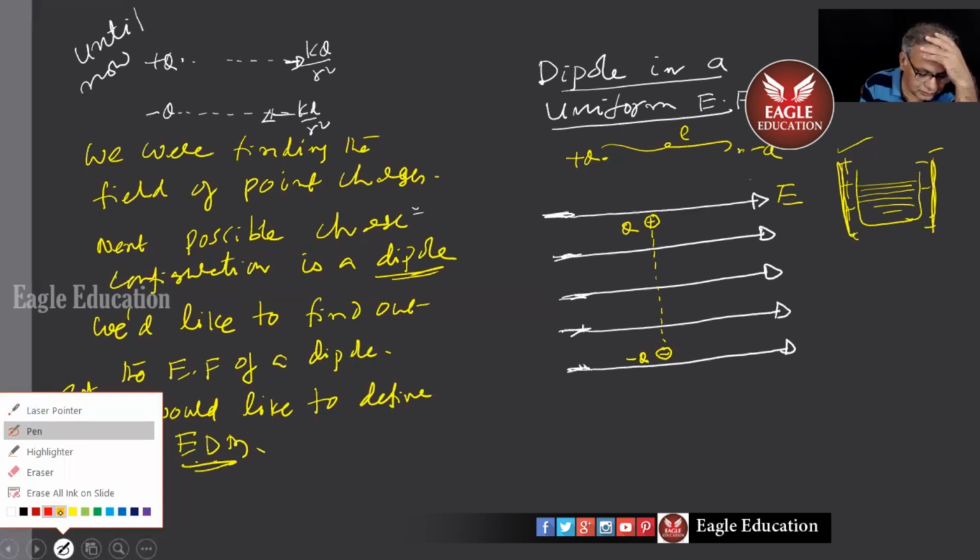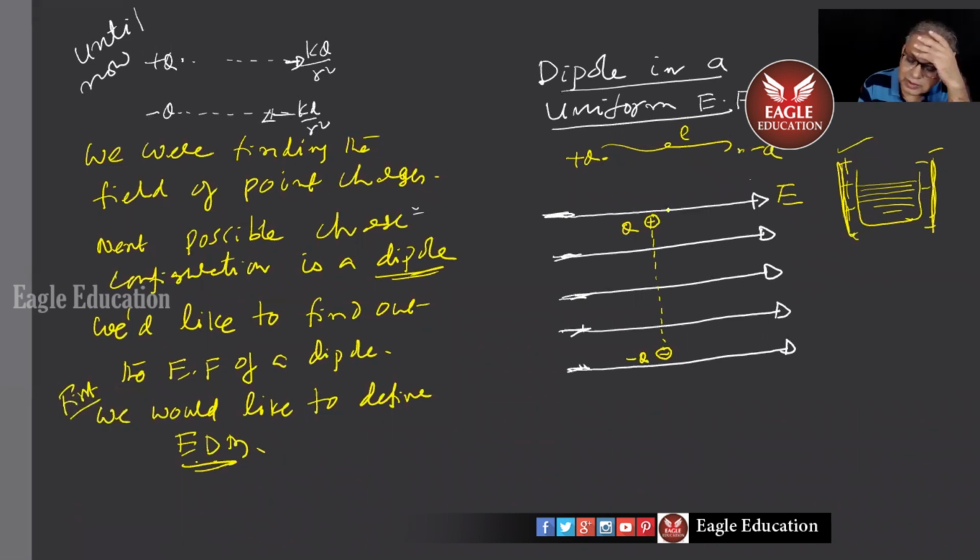Yes, sir. There will be a force like this on the plus, there's a force like this on the minus. So as a result of which, the dipole will turn. There will be a torque developed. Why? There's an EQ force acting this way.